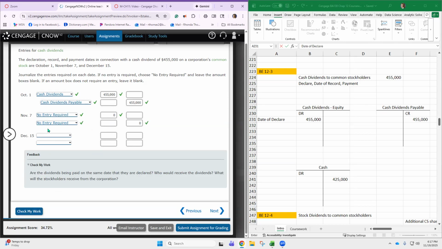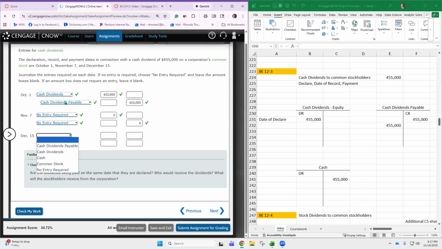And then finally, on December 15th, right before Christmas, they're going to send those dividend checks. So when we send a dividend check, we're going to debit the payable because we're finally paying that out. And we're going to credit cash because they are cash dividends.